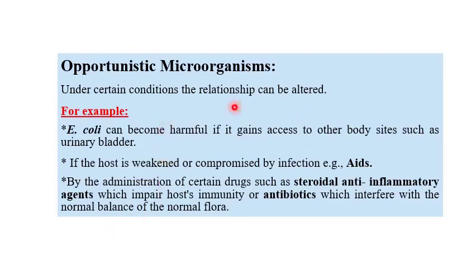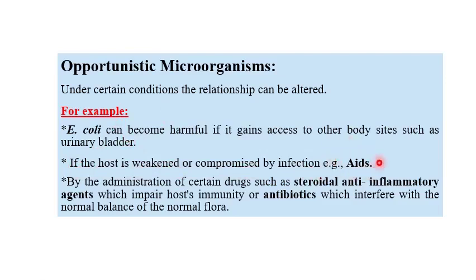For example, Escherichia coli, which is present, as we agreed, in the large intestine, if it changes its place and gains access to other body sites such as the urinary bladder, in this case it leads to urinary tract infections, and it is considered one of the most common microorganisms causing urinary tract infections, especially nosocomially in hospitals.